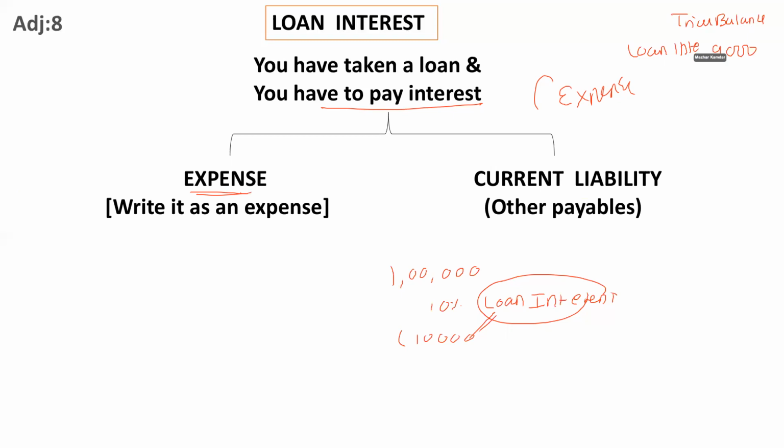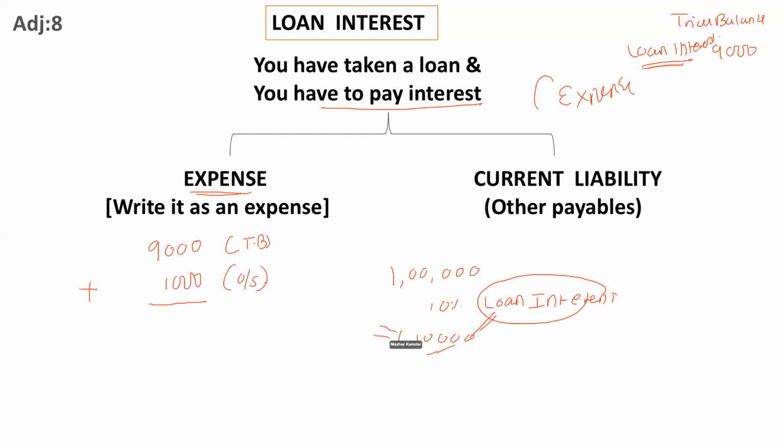So you write the 9,000 already in the trial balance as an expense, and another 1,000 you will add and write as an expense because this is outstanding.